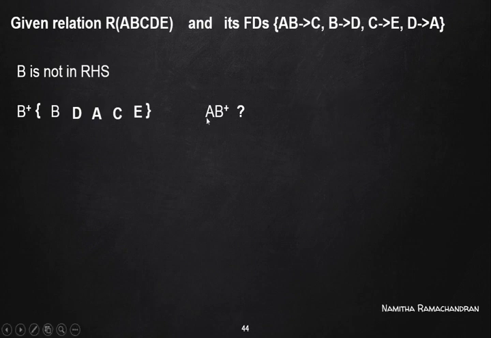Because while removing this A from this set AB, B alone can derive all the attribute values of our relation R, because we have already derived the closure set of B. From this it is clear that by knowing the value of B alone, we can identify all the attribute values of a given entity uniquely.